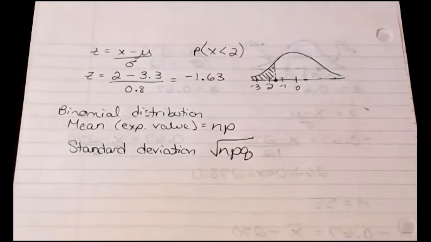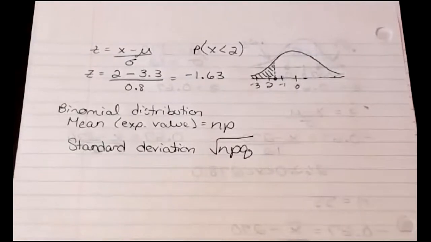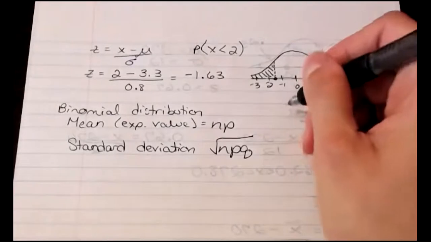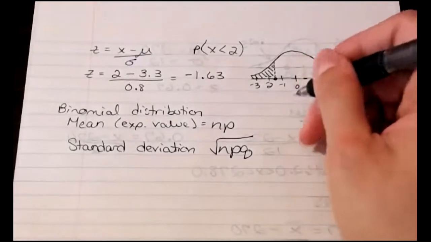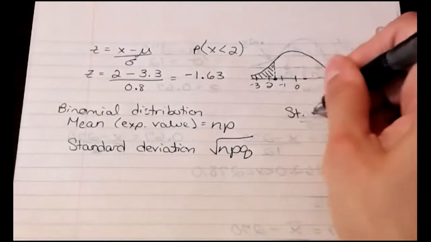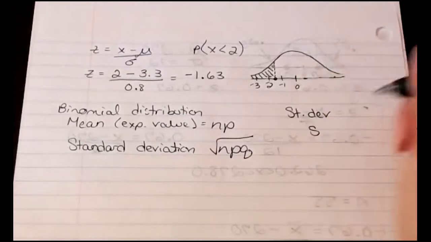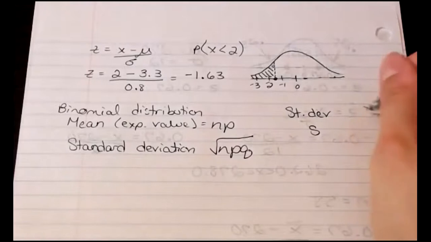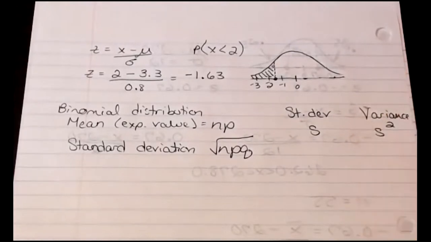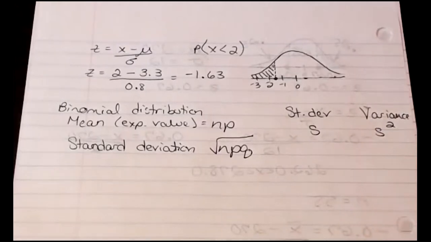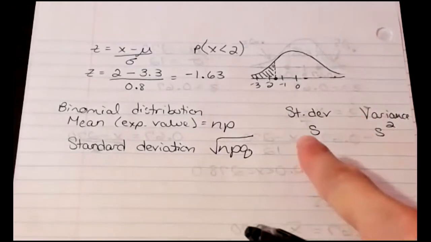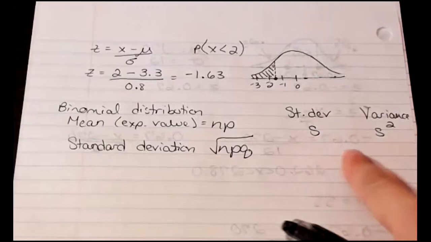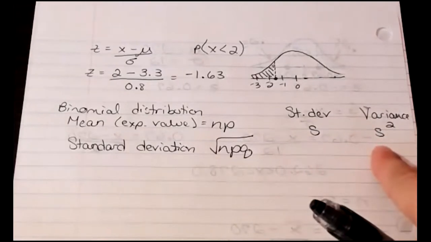Now remember the notation for variance and the notation for standard deviation. I think this is going to help you out a lot. We know that the standard deviation, the notation is S, right? For a sample. We know that variance is S squared. So Donna, if you know standard deviation, you know how to turn it into variance.